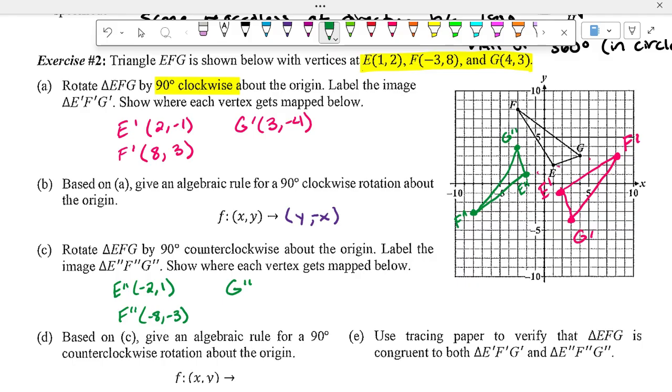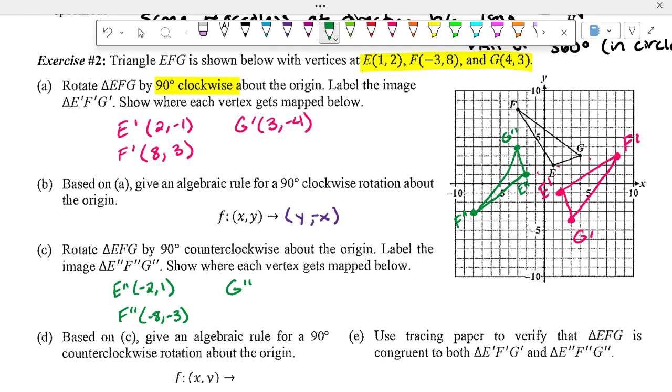So first off, does that make sense? So if I do 90 degrees counterclockwise from F, if F is in quadrant 2 originally, what quadrant does it end up in counterclockwise? Quadrant 3.